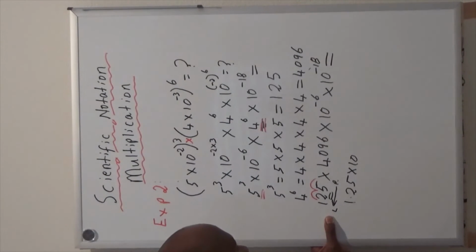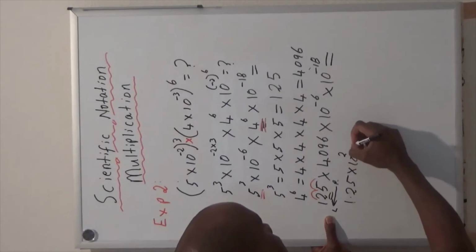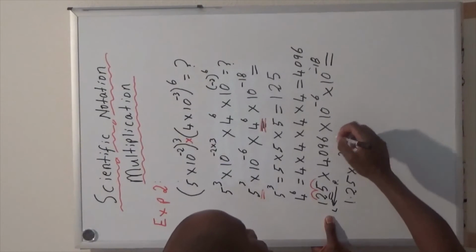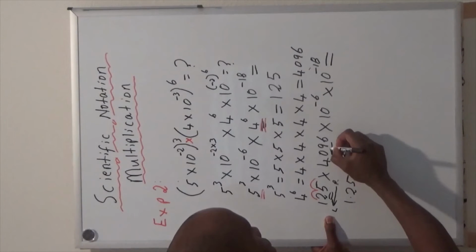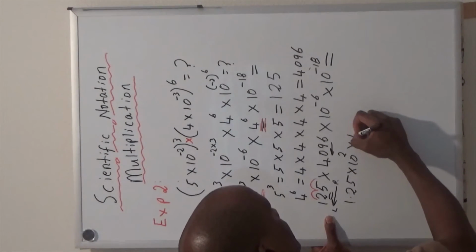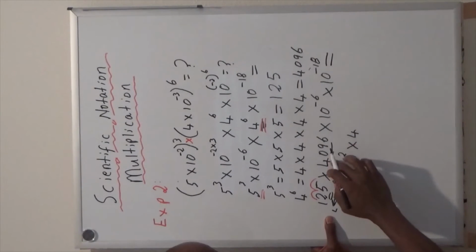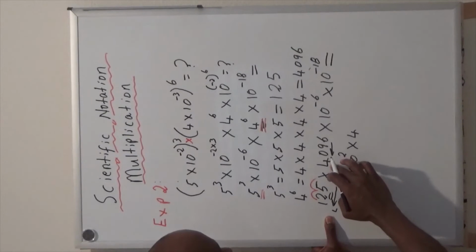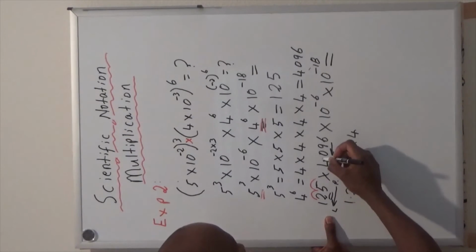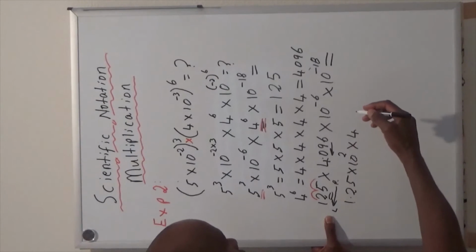So I have 10 to the power of 2, times, I will do this one the same. Move my point from here. It is 4. To get a number between 1 and 10, my point can only be here. It can't be anywhere else. If I go here, that is 40, it's above 10.